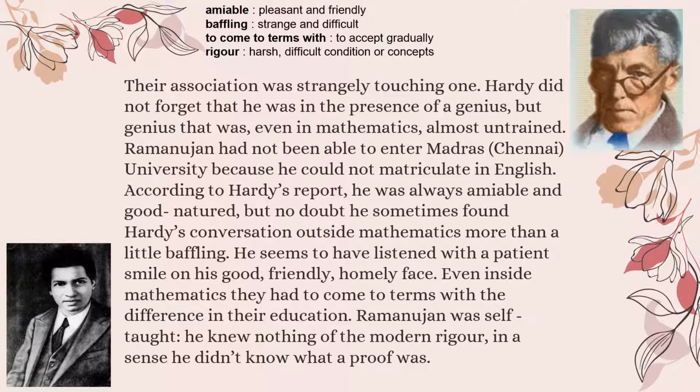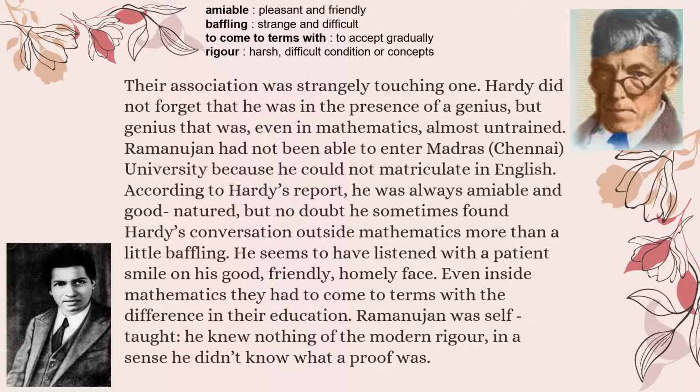In this paragraph we understand that the relationship between Hardy and Ramanujan was a little strange one, but a good one. Hardy did not forget that he was in the presence of a genius, but Ramanujan was a kind of genius who was not fully trained.